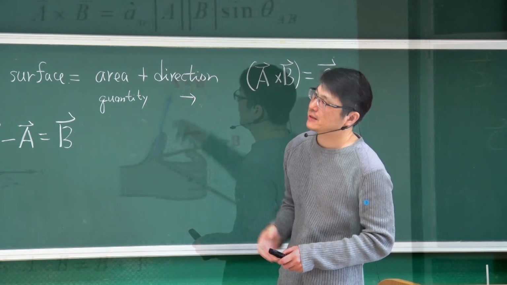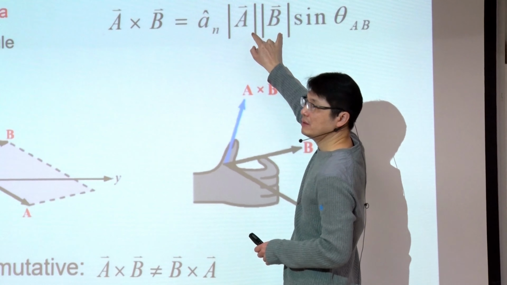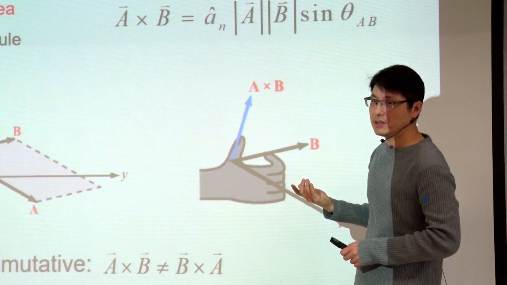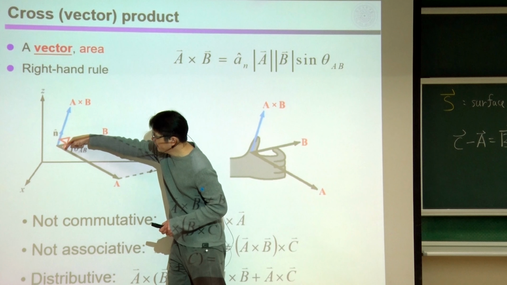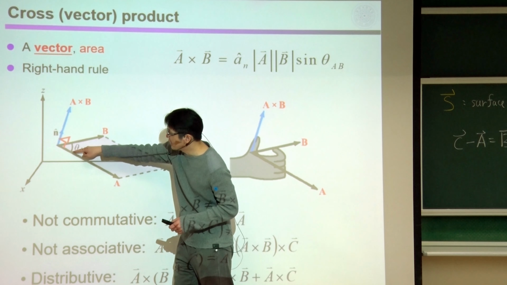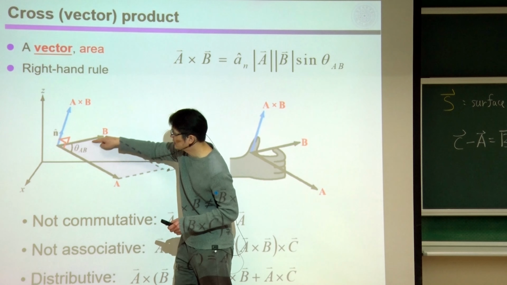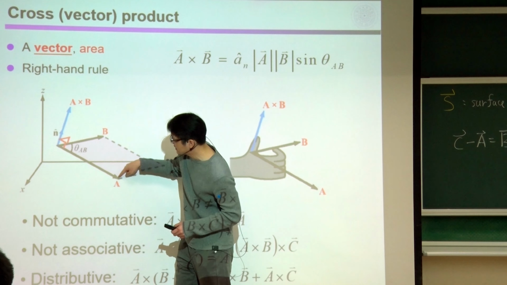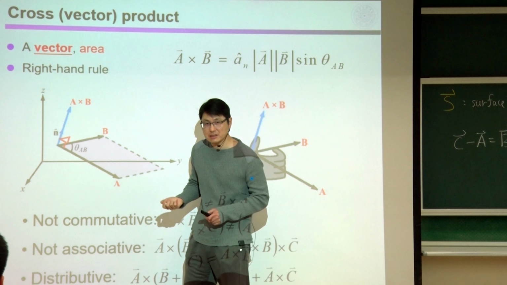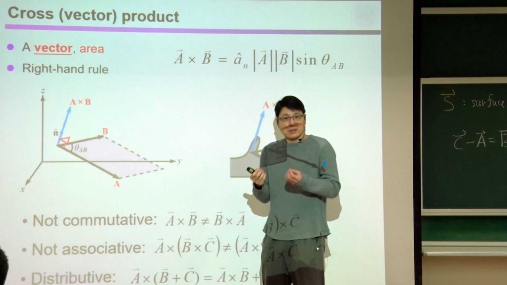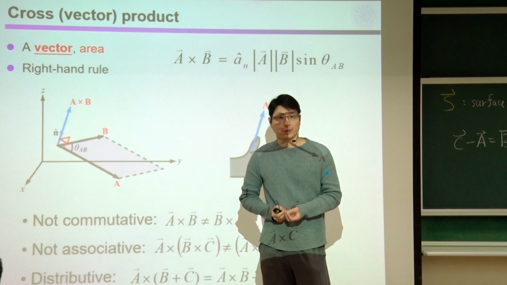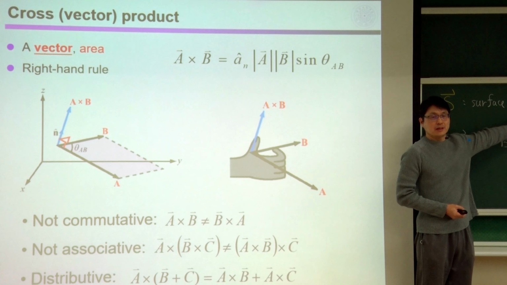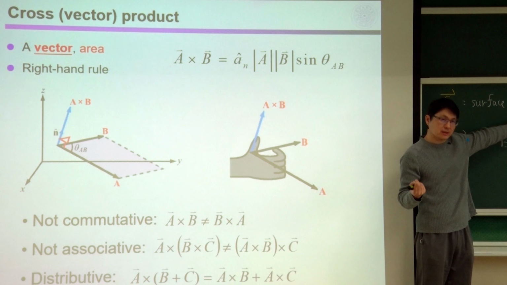So let's come back. A times B times sine theta is basically the A length multiplied by this segment, B times sine theta. So this is your base multiplied by the height. That gives you an area, and it also gives you a direction.